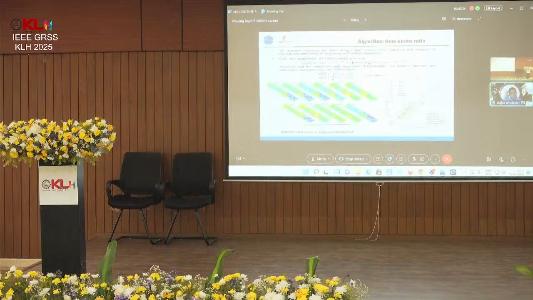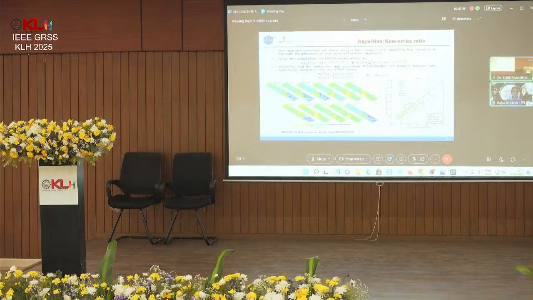The second approach is a time series algorithm approach. This is the example that I showed earlier. We use a time series to minimize some of the parameters, for example, the impact of roughness and vegetation.